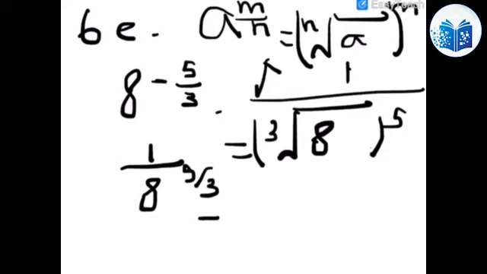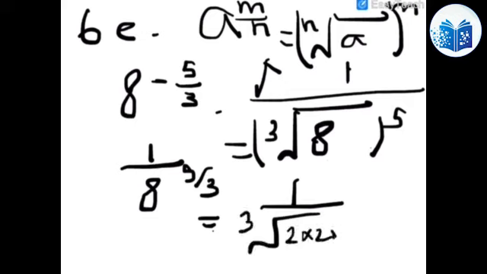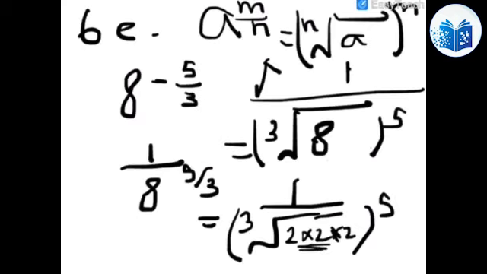Which is equal to 1 over the cube root of 2 into 2 into 2, whole power 5, which means 1 over 2 power 5, because this 8 will become 2 power 3.